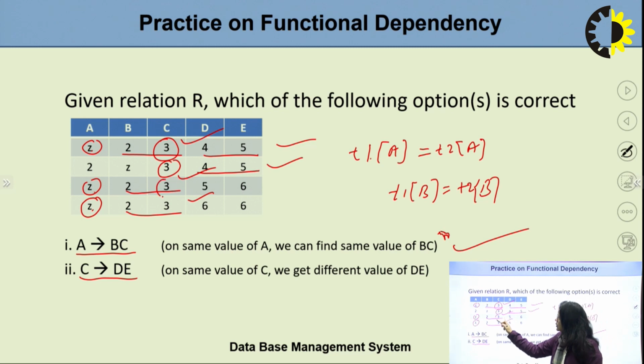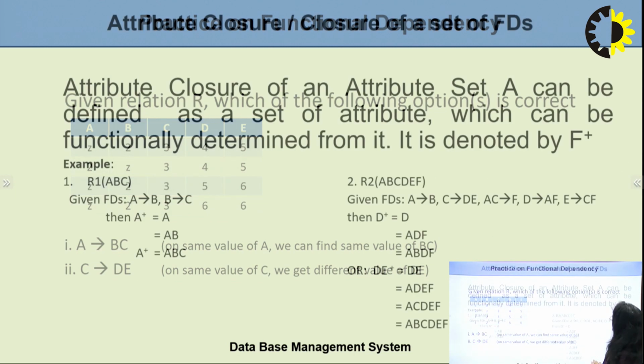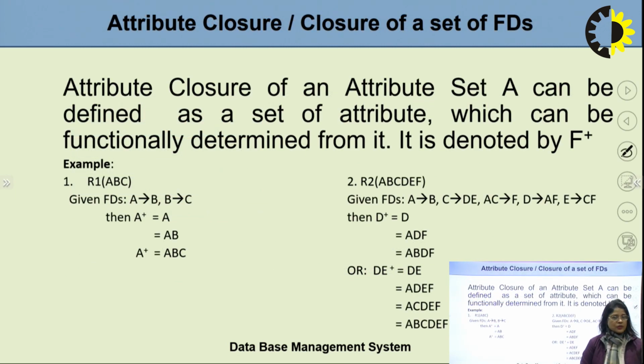Yes, here we are getting this 3, but here we are finding some different value. Here this is 3, but we are finding some different value. So on the same value of C, we are getting a different value of DE. So this functional dependency does not hold on this relation. So the first functional dependency holds on the relation, but this one is not holding, right? So this is how we can check whether a functional dependency is holding or not.